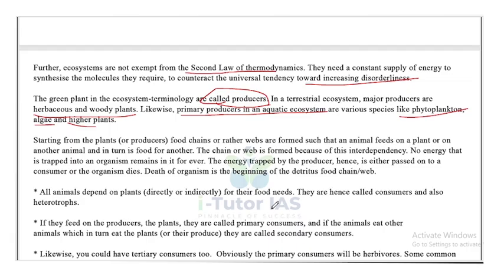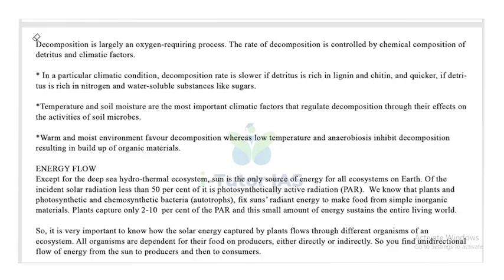The energy trapped by the producer is passed on to the consumer or the organism dies. The death of the organism is the beginning of another food web or food chain.